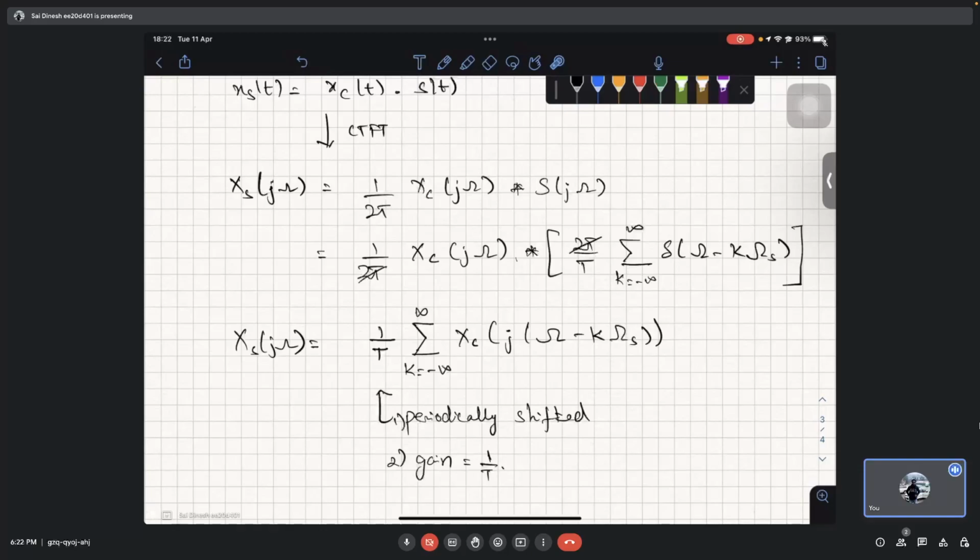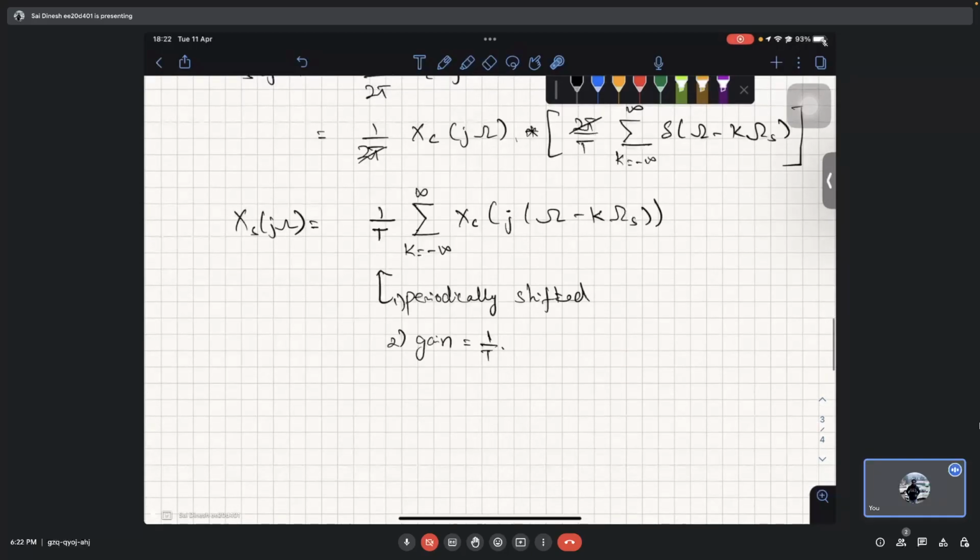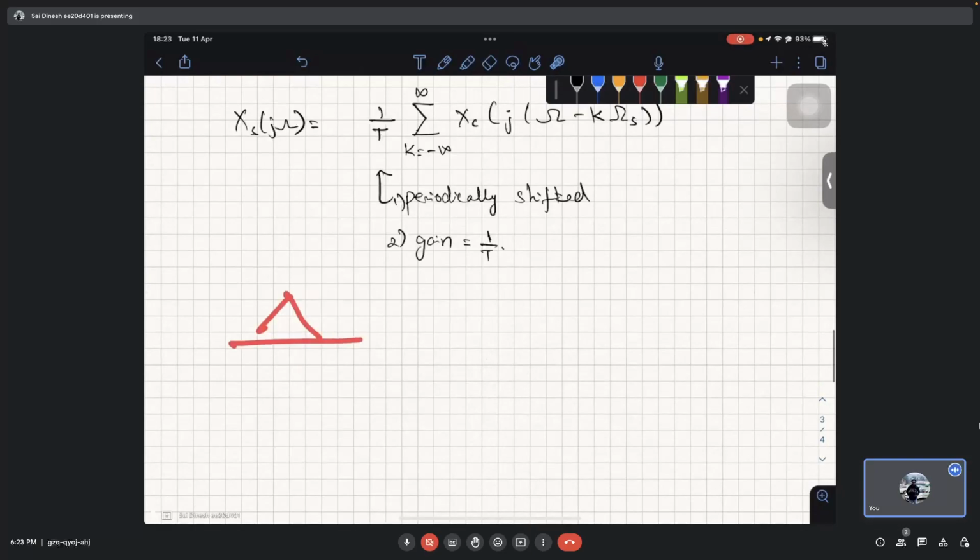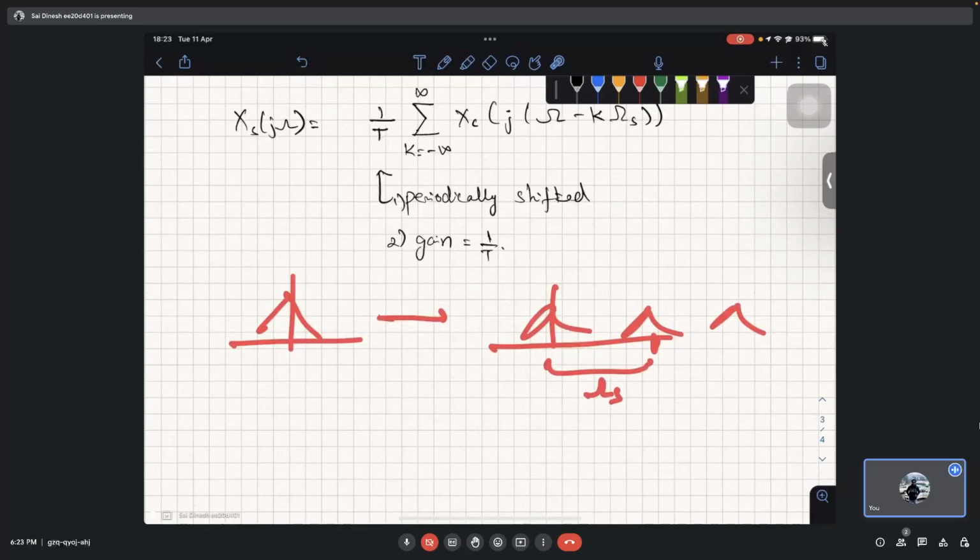These copies are shifted by integer multiples of the sampling frequency. So in the frequency domain representation, this is periodically shifted by omega s. The center frequency is 0, this is omega s, this is 2 omega s, and so on.